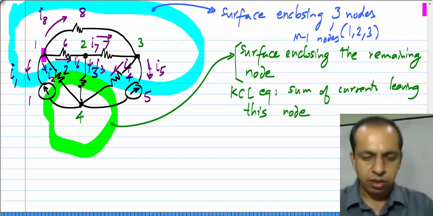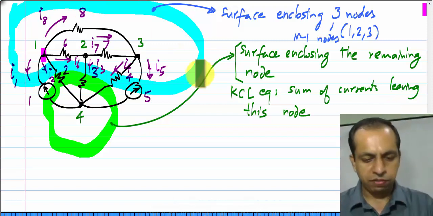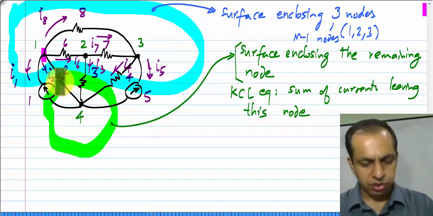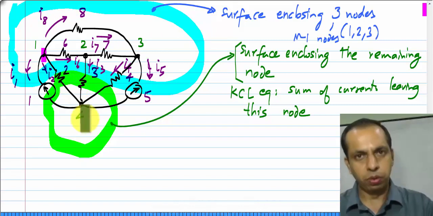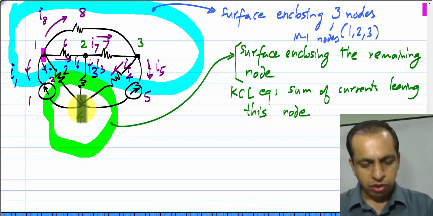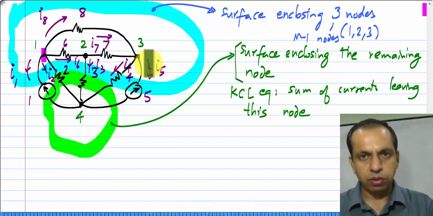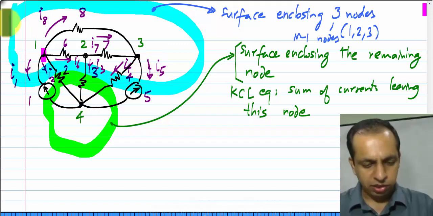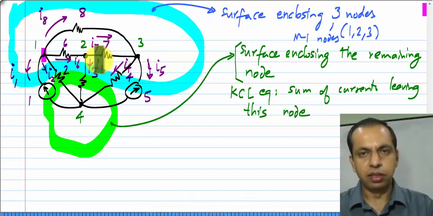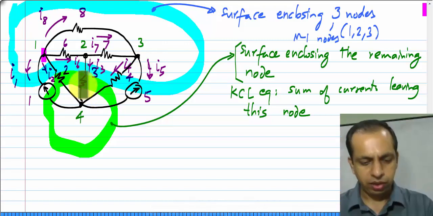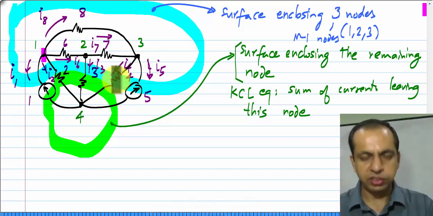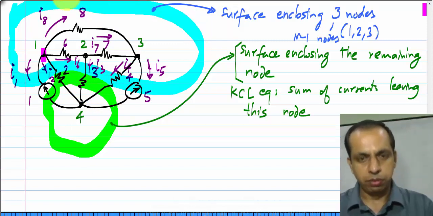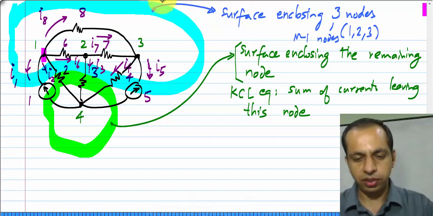Now, clearly, one of these surfaces encloses n minus 1 nodes, the other surface encloses the remaining node. So, the sum of currents leaving this node is exactly the same as the sum of currents entering the other surface. The sum of currents leaving this green surface here is obviously equal to the sum of currents entering the blue surface, because the blue surface encloses the rest of the circuit.